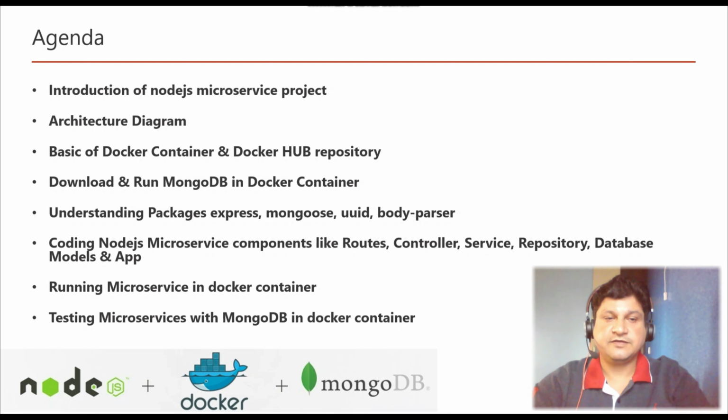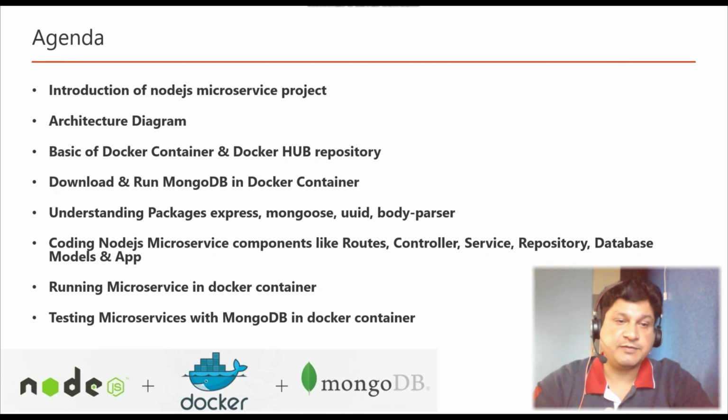Then we'll understand packages like the Express and Mongoose modules from Node.js. Then I'll show you the Node.js coding of the microservices, where we'll be coding components like routes, controller, service layer, repository layer, database models, and our app server.